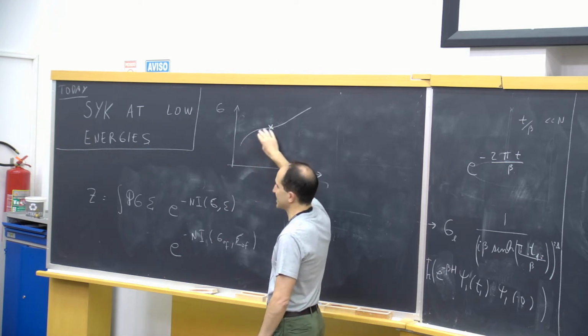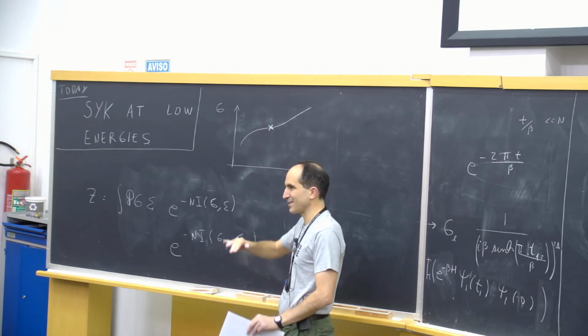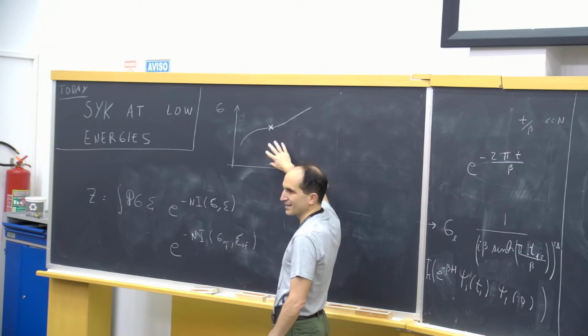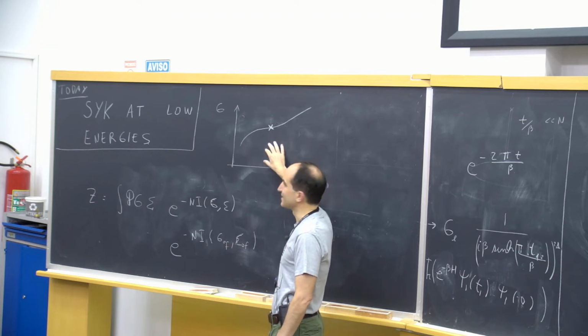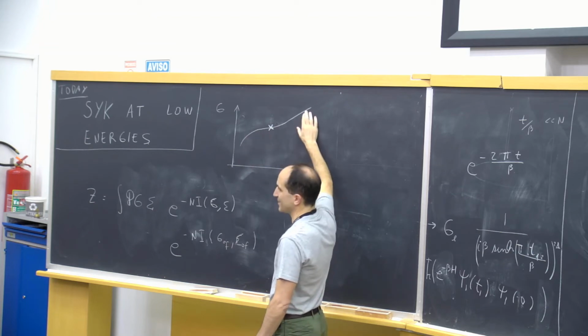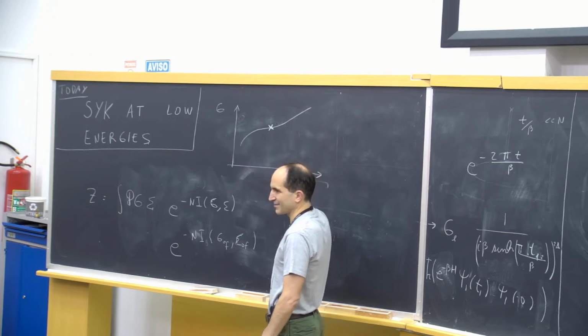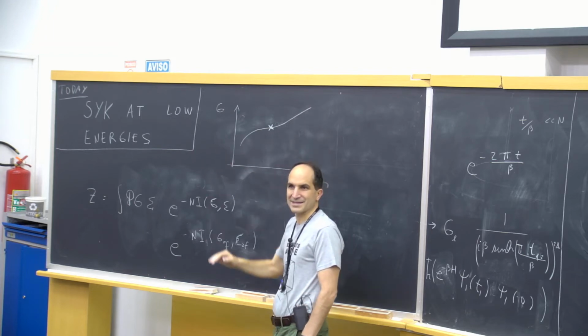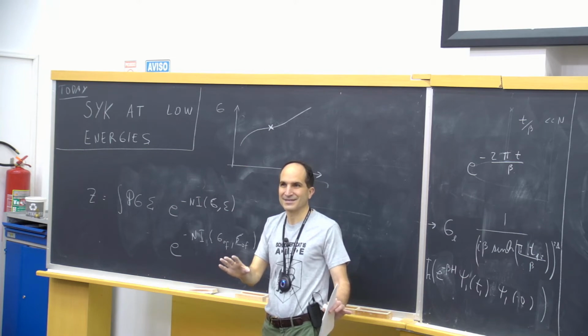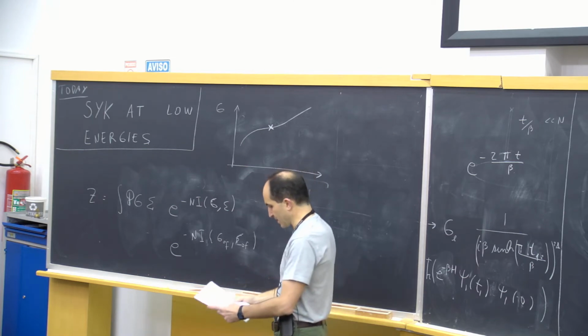I drew here as a line, but it is, again, an infinite dimensional space, but of smaller dimension than the space of G's. This is the space of functions of 1 variable, and this is the space of functions of 2 variables, right? Is the distinction clear? This should be crystal clear, okay?